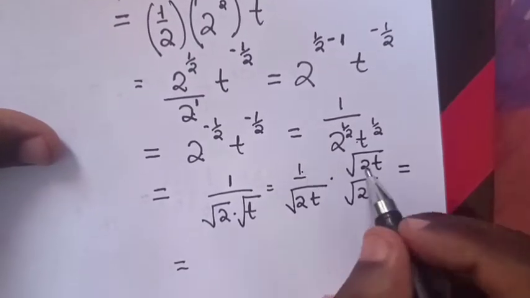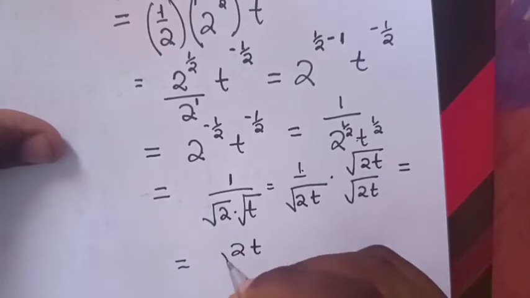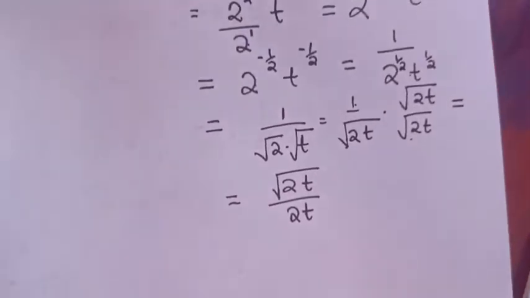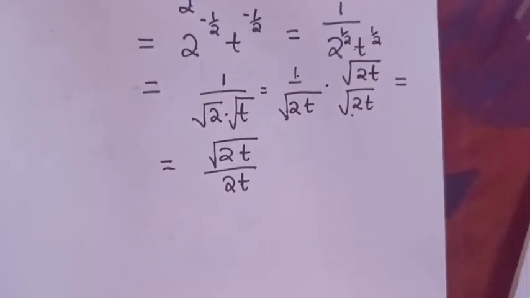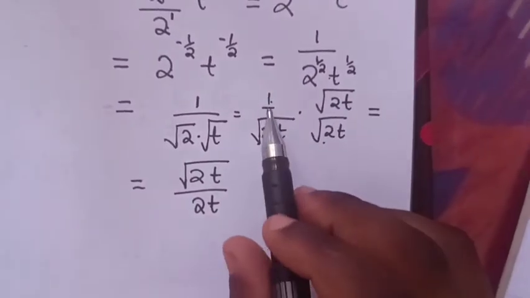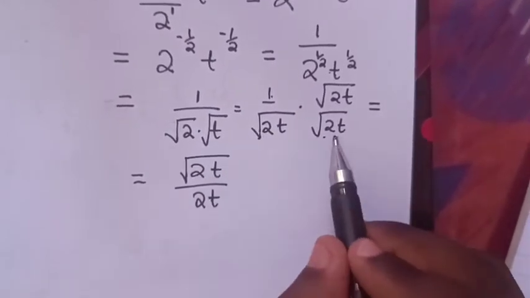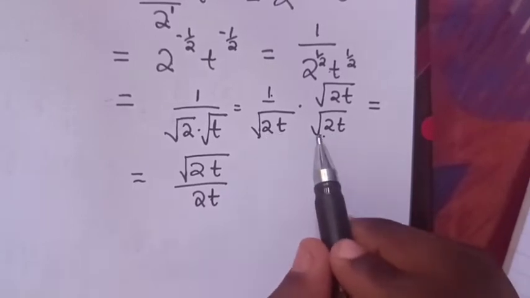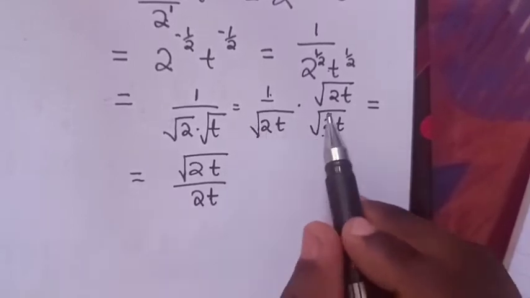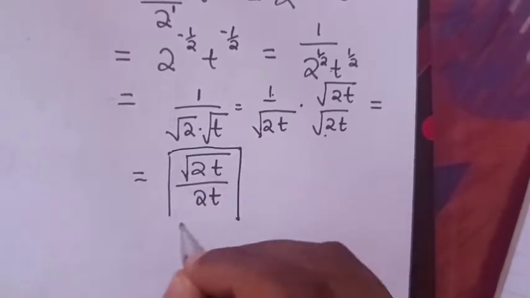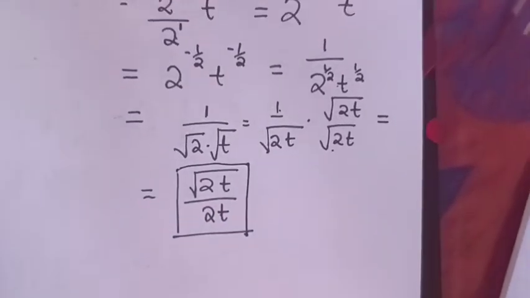So 1 times square root of 2t is square root of 2t over square root times square root, which will be 2t over 2t. So this is the answer. Hope it's clear. So this is the correct and the best answer for this question.